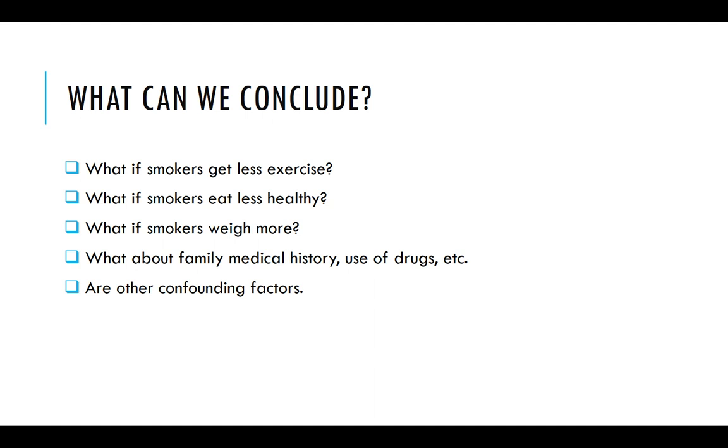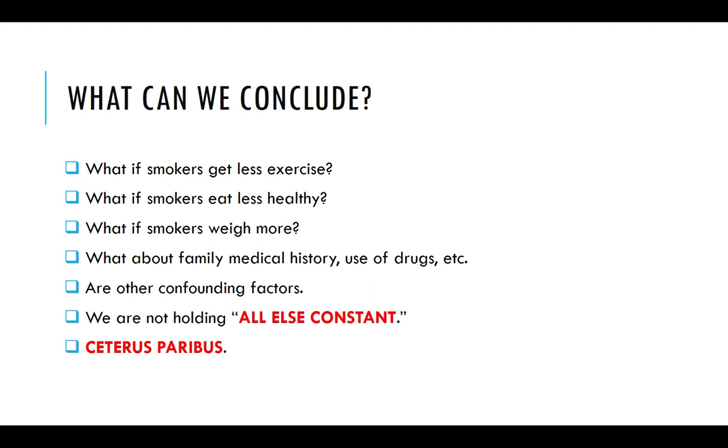And right now, all I'm controlling for is, are you a smoker or are you not a smoker? So I can see if the means are significantly different, but I can't say, look, the reason they're different is because of smoking versus not smoking. We are not holding, what we say in economics, all else constant. You're going to hear that phrase over and over again, or you might hear me say ceteris paribus.